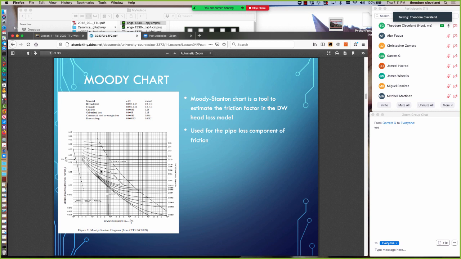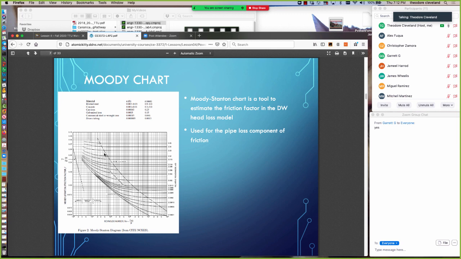Then we get to this transitional region based on the different roughness ratios. There's a dashed line here called the fully rough line. To the right of that dashed line, the roughness ratio lines are horizontal, so at that point the friction factor depends entirely on the material.